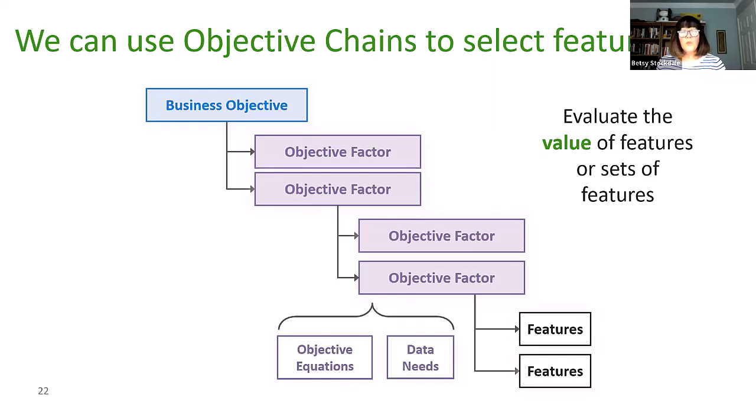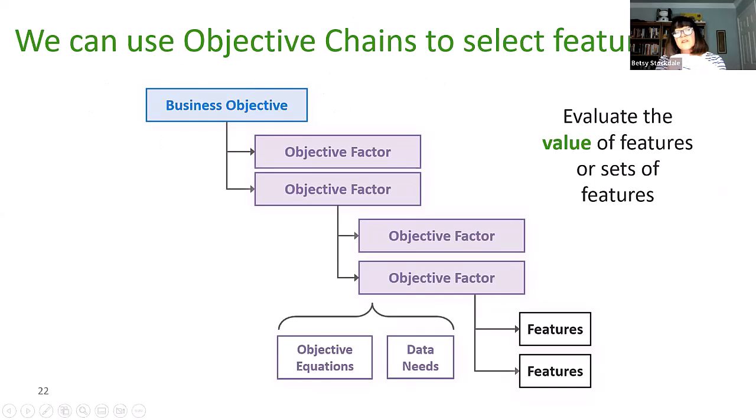All right. So what we do here is we look at how we can link the value of our features back to our objectives, our business objectives. And I'll give you an example about this in a moment. But you've got to remember, our goal is to cut features. Right? And we want to make sure that we're only focusing on those features that are providing the biggest return on our investment. So at the very top of our objective chain here we have our business objective, right? We've got this right up here.